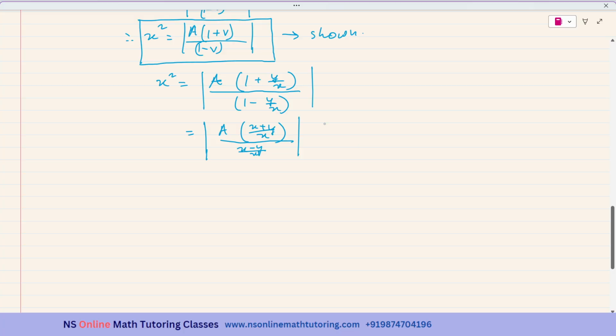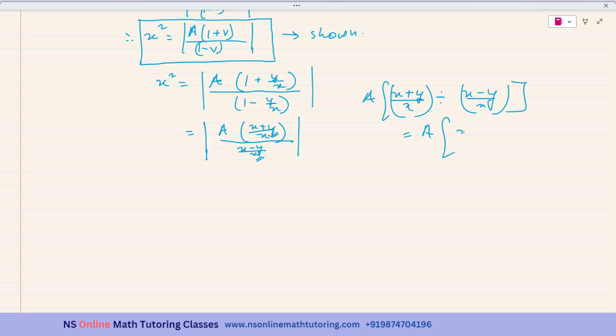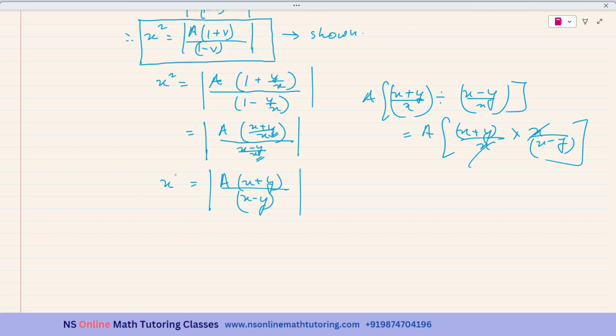So this x and this x will be getting cancelled, because x plus y over x, there is the a, divided by x minus y over x is equal to a and x plus y over x times x over x minus y. So these two will be getting cancelled. Therefore, we will be having a and x plus y over x minus y. Now it is shown. So x square equal to this.